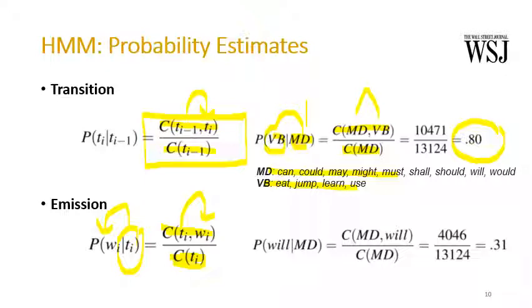So you count how many times you see the tag MD or modal, and then how many times the tag is modal and the word is will. Apparently, out of all modals that we see in the Wall Street Journal corpus, about 31% of them are the word will. So if you see the tag is modal, then there's a probability of 31% that the produced word is will.